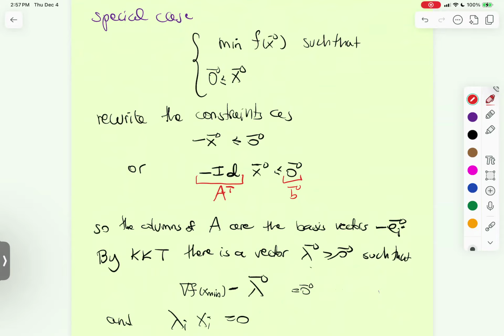That's what I mean when I write greater or equal to the zero vector. And the gradient minus lambda is zero, plus the complementary slackness, lambda times x_i equals zero, which again is a special case.